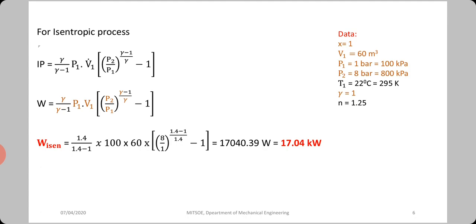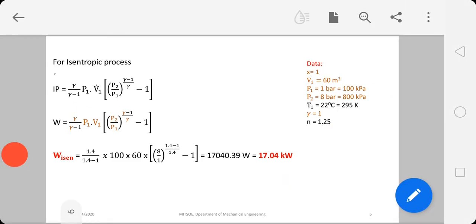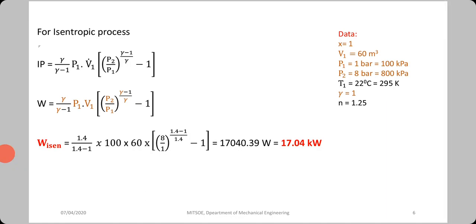So at that time we require V1 dot instead of V1. At this time we are calculating W. So again in the formula we are substituting the values which are given in the data. Gamma, as it is an isentropic process, gamma for air is 1.4. So put that value here. You will get the answer as 17.04 kilowatt after doing the calculation.